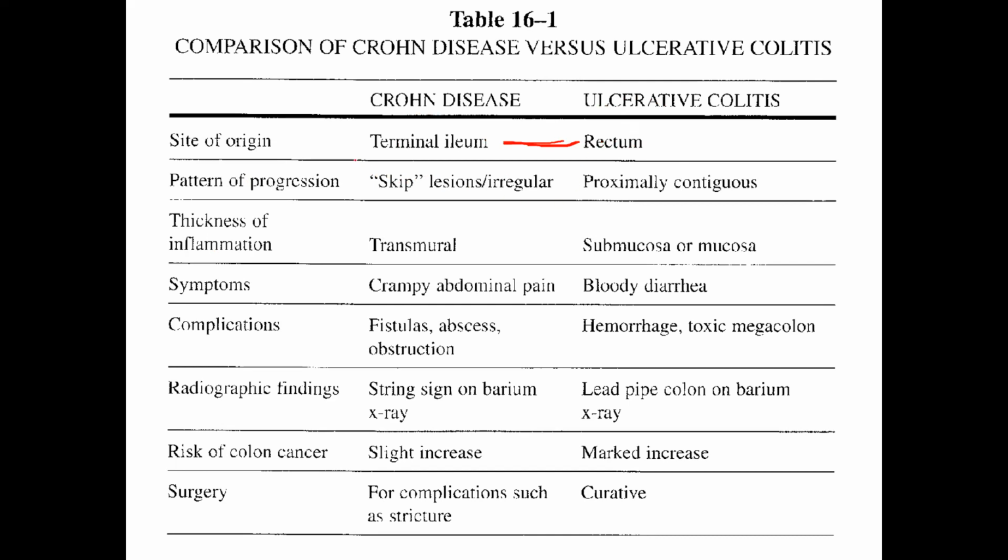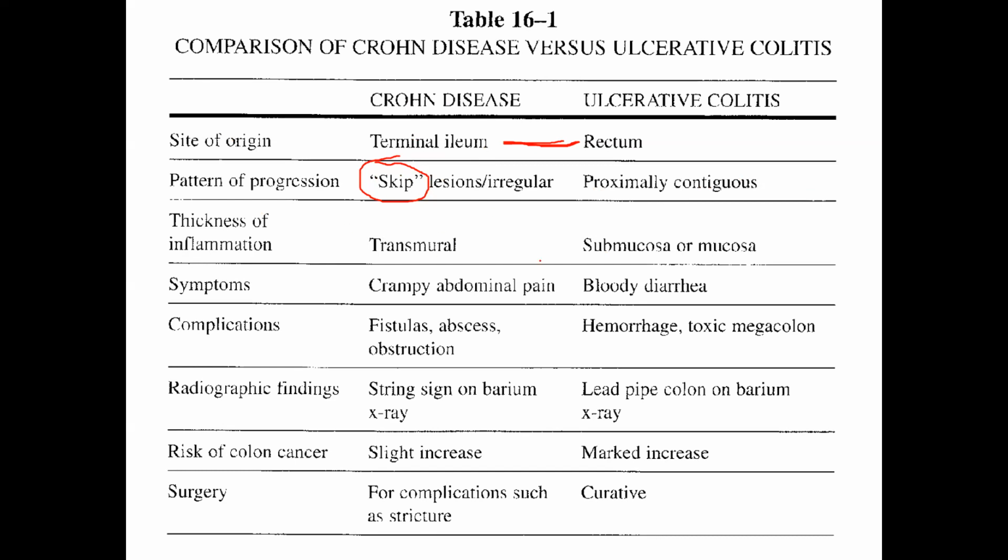Skip lesions are associated with Crohn's disease, so if you see skip lesions, think Crohn's. UC is typically proximally contiguous, meaning after onset, it's more likely to be a continuous ulceration. That's the whole reason skip lesions make it unique for Crohn's, because the lesions can skip spaces, but it doesn't mean it's continuous throughout the whole bowel.